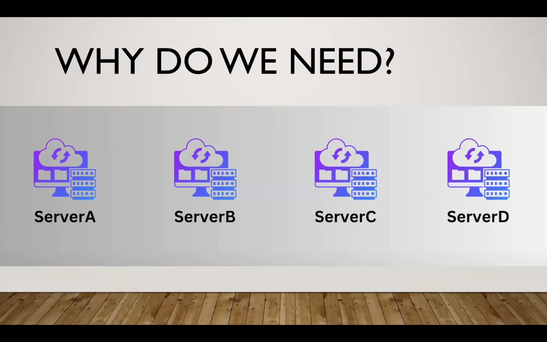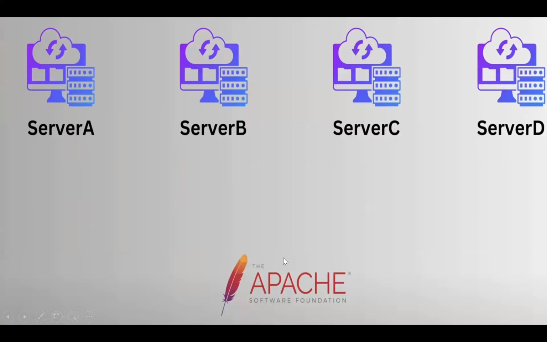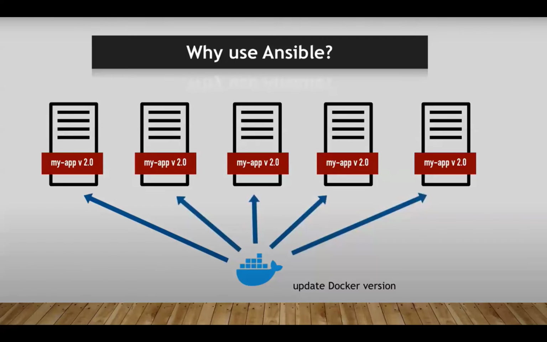So why do we need it? We have four servers, A, B, C, and D, and we want Apache server on all these four servers. The manual approach is to visit each server and install it, but the time cost will be high here. So you had better find a good way to do it, and that's how Ansible comes into the picture.